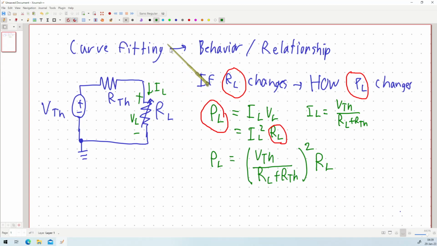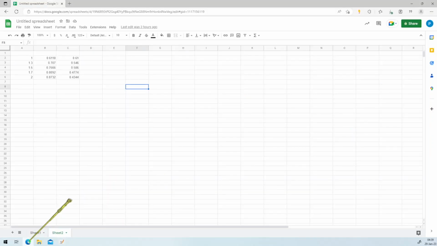So we can also write this as a function of VTH, RTH, and then RL. And from our experiment, suppose we have this information.